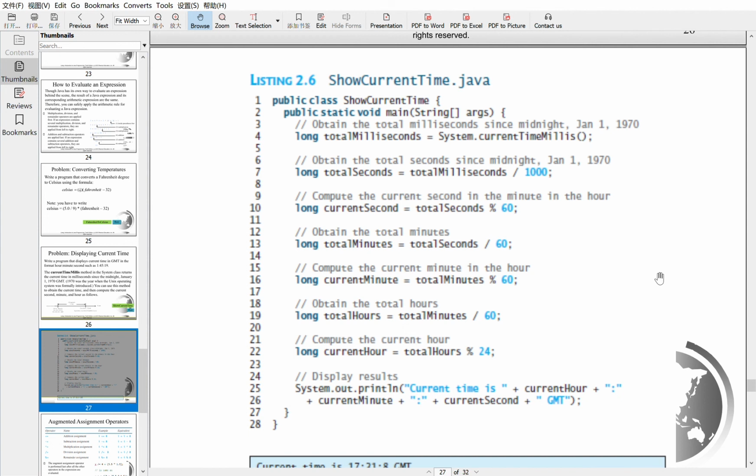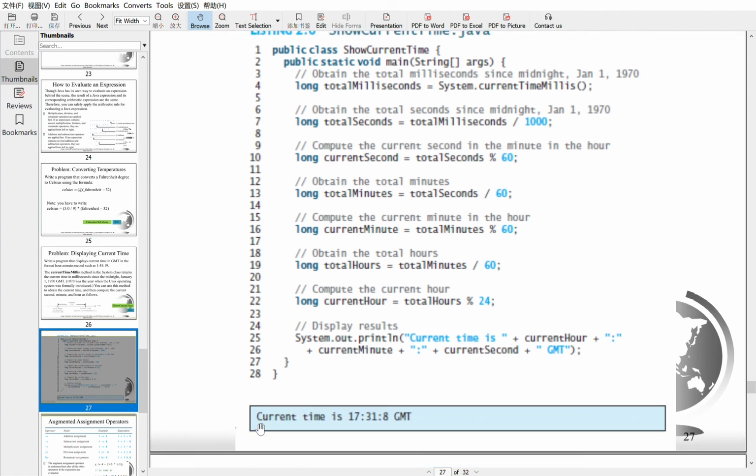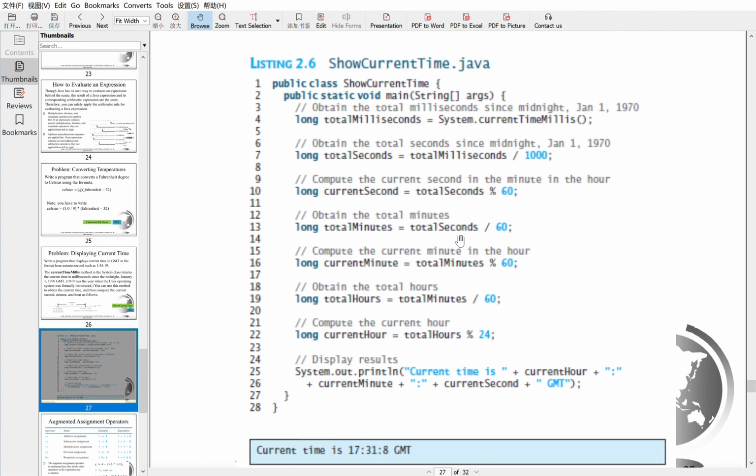After this, we can compute the current minute in the hour, and obtain the total hours, compute the current hour, and the last step is to display the result. We can get the current time like this, for this example, okay?